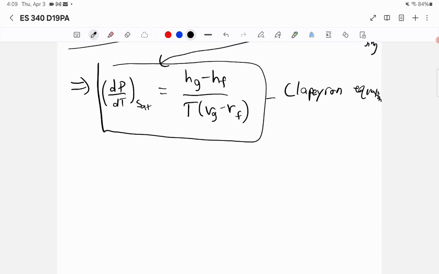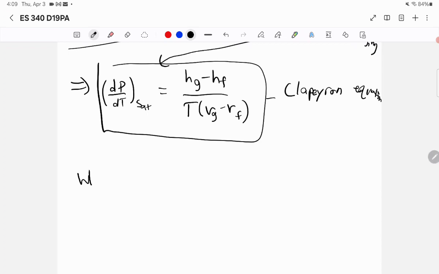So this is something, and it's obviously related to the phase change, but this can actually be used to check consistency in data, to make sure, because the behavior should be something like this.